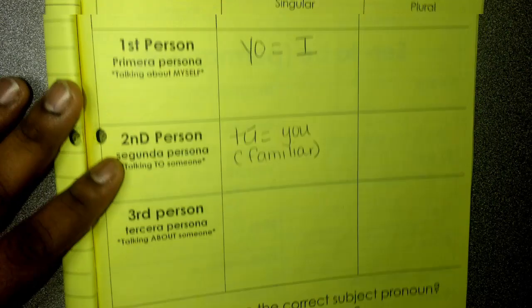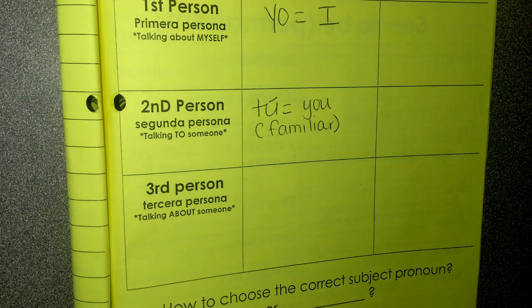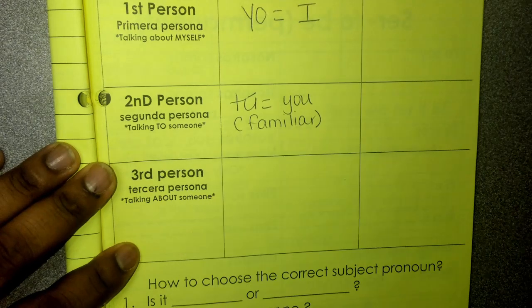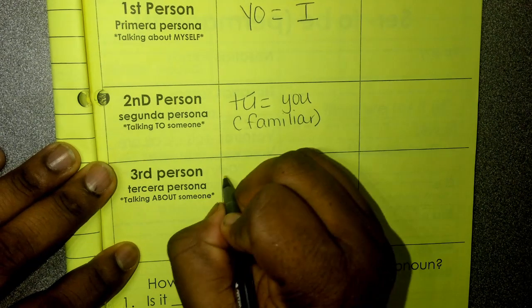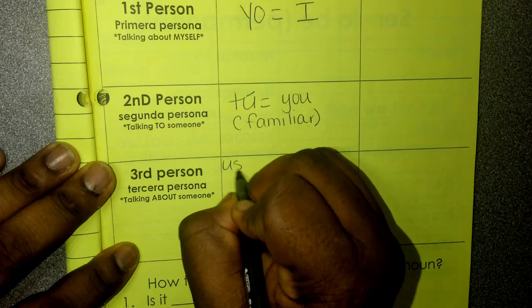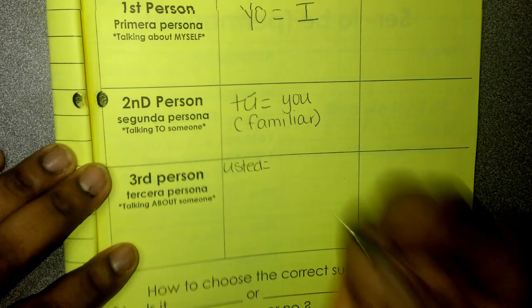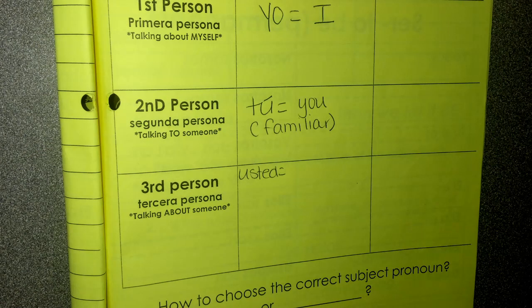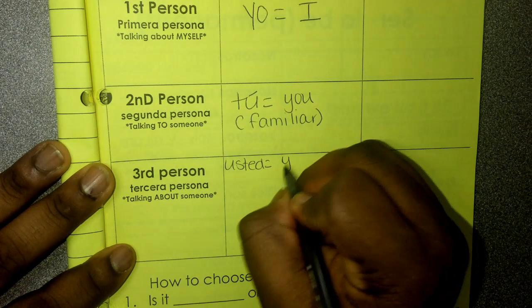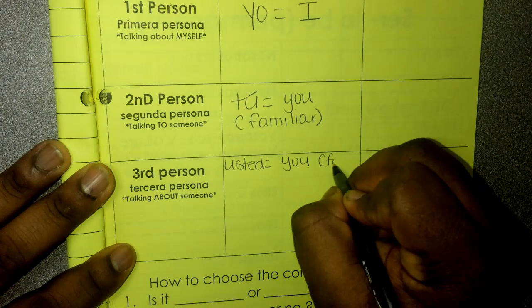Then we have third person when we're talking about somebody. First, we're going to write the word usted, because usted is technically second person, but it follows the third person pattern. So who remembers what usted means? So if tú means familiar, you familiar. Huh? Formal. So usted means you, but it's formal.